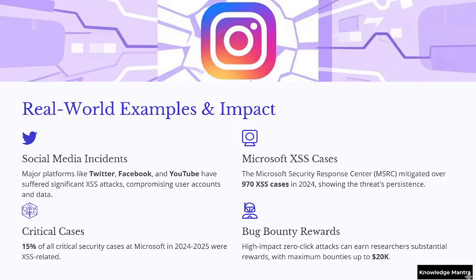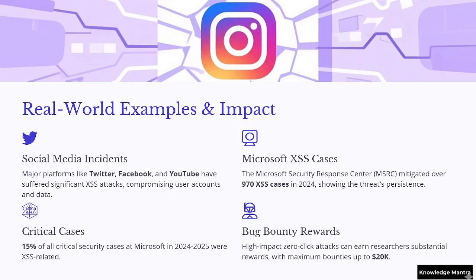Microsoft reported over 970 XSS cases in 2024 alone. And guess what? 15% of their critical vulnerabilities were XSS related. Why does this matter? Because hackers earn huge rewards for finding them.